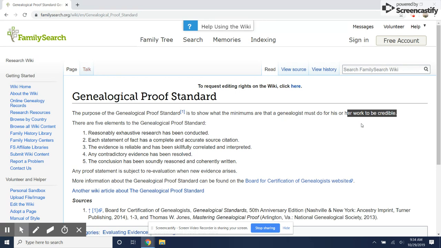Number 5, the conclusion has been soundly reasoned and coherently written. And this is important because, say for example, you're copying and pasting information. You want to make sure that when that information is pasted to your tree, that the formatting is easily readable, or that your proof statements are able to be understood.